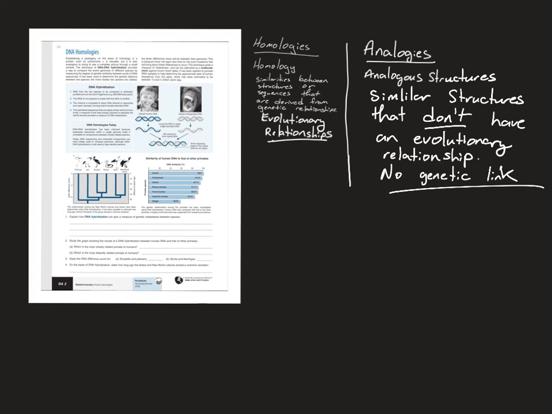So what would be an example of an analogy? Homologies we're going to talk about in a minute, in the next couple activities actually, but when we look at analogies, what are some examples of that? Well, we can look at a bird and a bat. Birds and bats both have wings, and there is some evolutionary relationship there as far as the two.